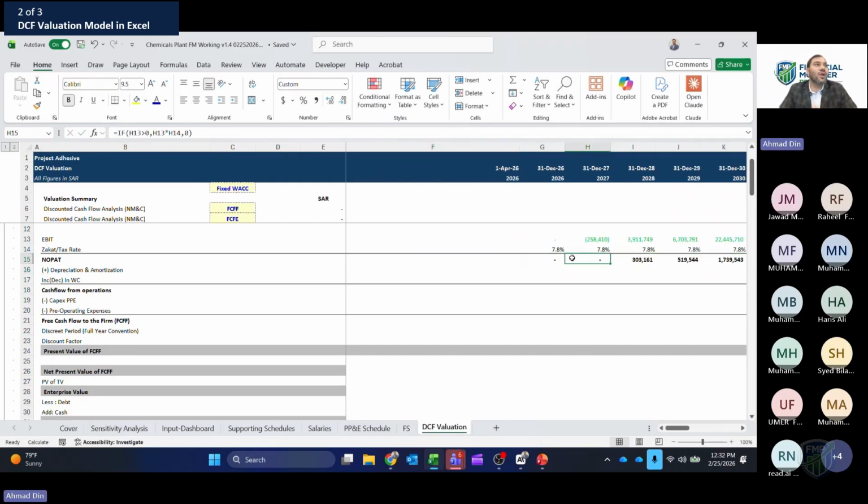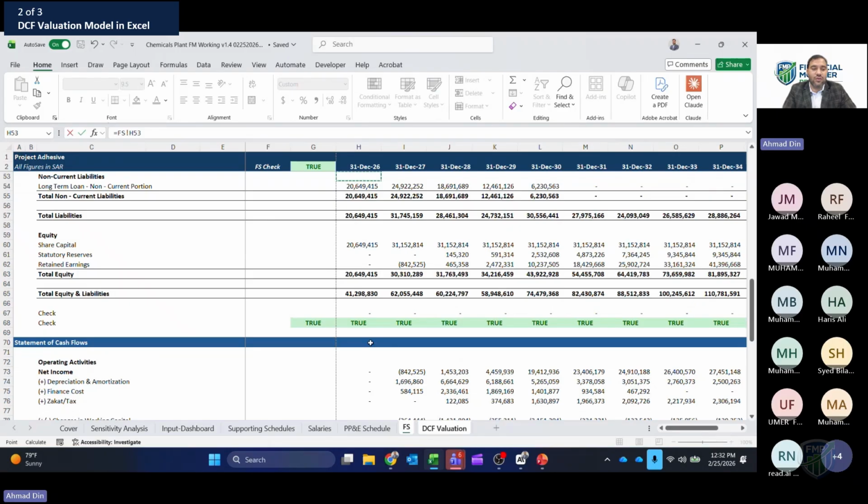We have calculated our net operating profit after tax. Then we have a line item from our cash flows, the line items which we need to add back as non-cash items, and then our changes in working capital. So let's go to our cash flow. In our cash flow, we have depreciation and amortization.